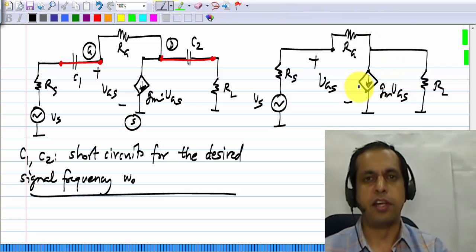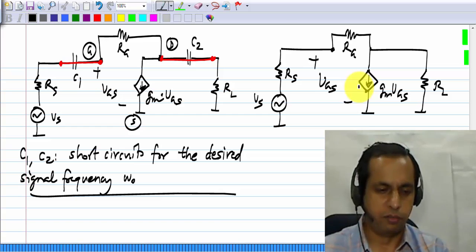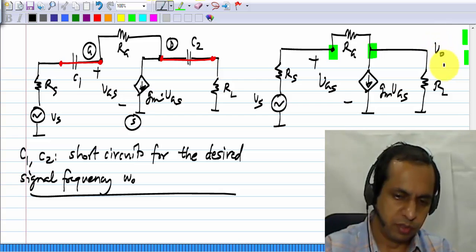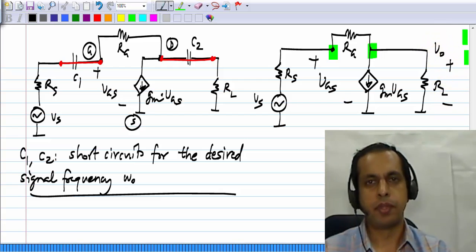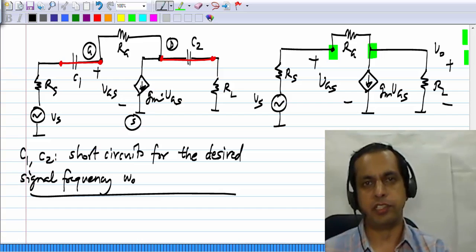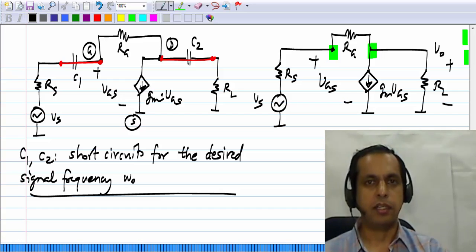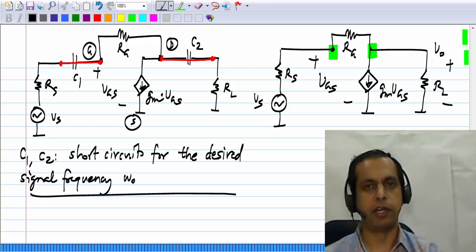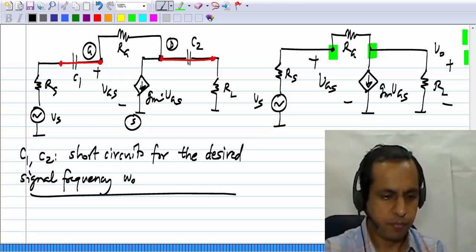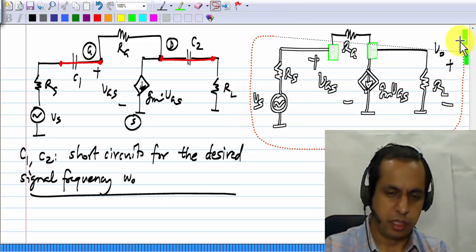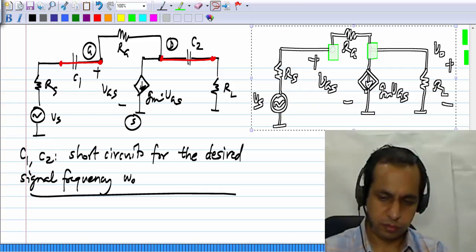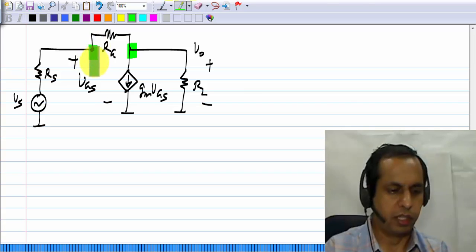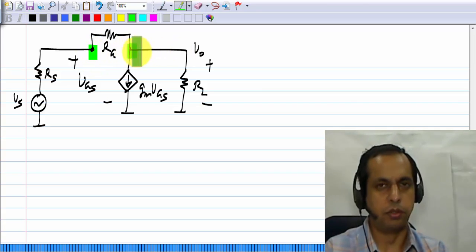Now this is just regular linear circuit analysis, and we have only two nodes in the circuit. Okay, and let me call this voltage VO, that's the voltage across RL. Okay, I will write down the node equations. Usually I prefer to do things systematically, and I would recommend the same, especially in the early stages when you are still getting practice with circuits. Now I will write the equation at this node and the equation at that node.